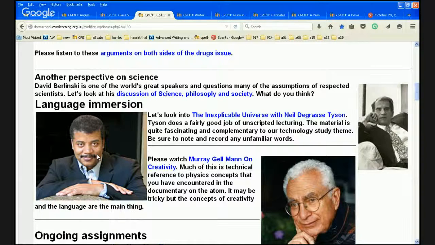His background is not particularly lofty. He came from a common family, had some opportunities. He was helped along by Carl Sagan. But he has acquired really a wonderful presence and ability to share science in a very understandable form. So I'd like to look at that.